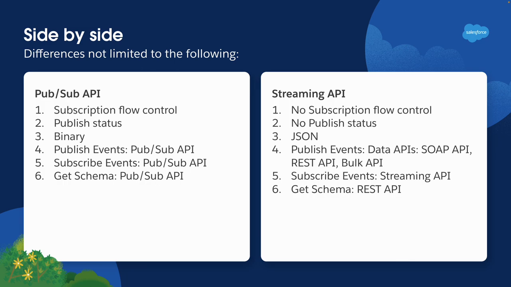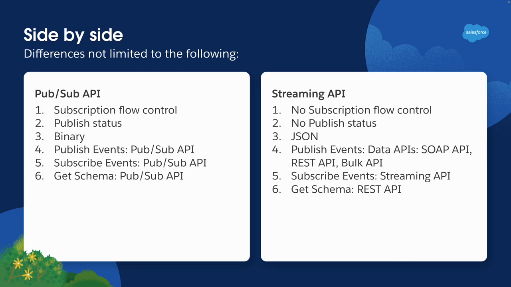Publish status. Now, the publish status is a really cool feature of the PubSub API because when you publish an event back to Salesforce, a platform event, for example, you get an actual publish status, not just a HTTP response that you would get if you were publishing back to Salesforce without using the PubSub API.